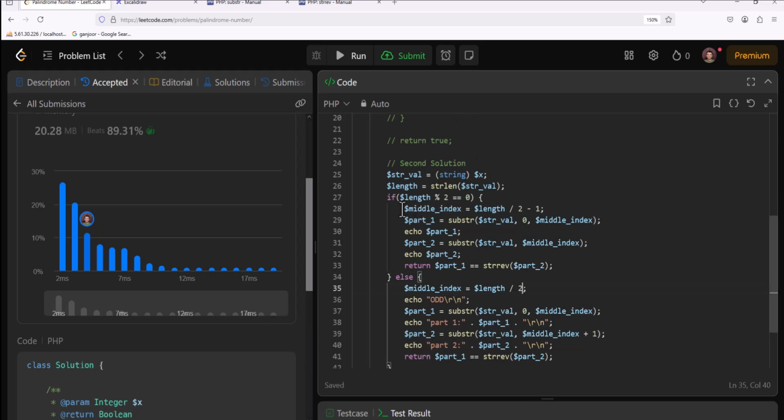Okay, so if we have 8, for example, 8 divided by 2 would be 4. 4 minus 1 would be 3. Okay, so we have 0 until 3. And for 2, we have to divide by 2. It's 1. 1 minus 1 is 0. So I think we need a plus here.